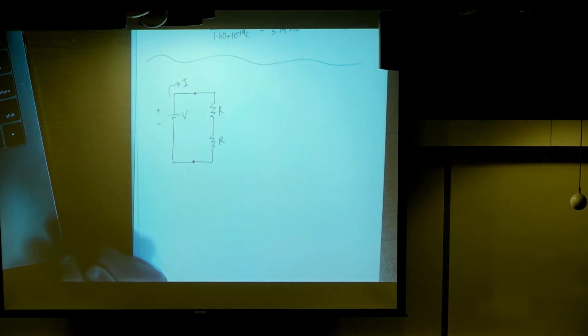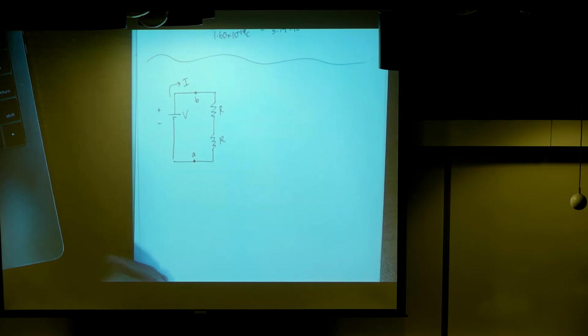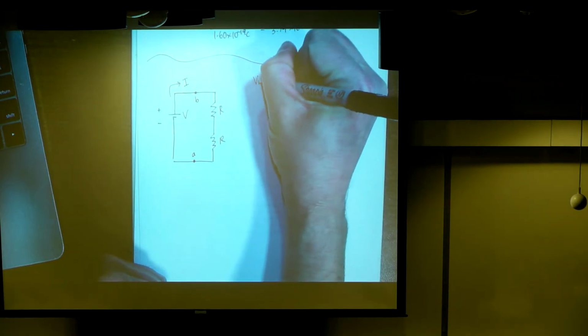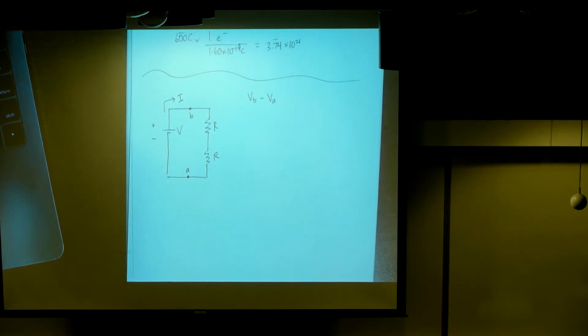Okay, so now let's do this. I'm going to label 2 points in this circuit, A and B. And what I'm going to do is write the potential difference between points A and B. There are 2 different ways we could take the path going from A to B, right?